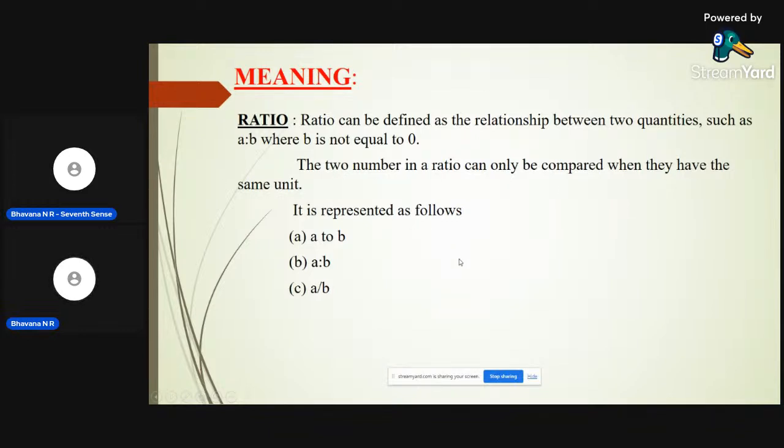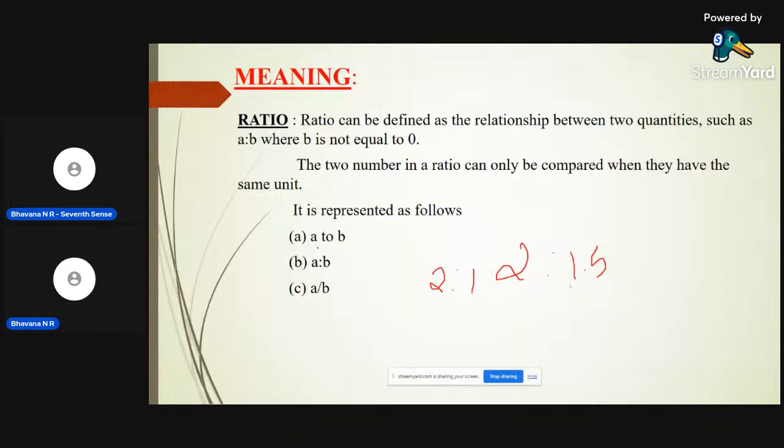So in a ratio we can write 2:1, but we can't write 2:1.5 and so on. It should be the same unit.